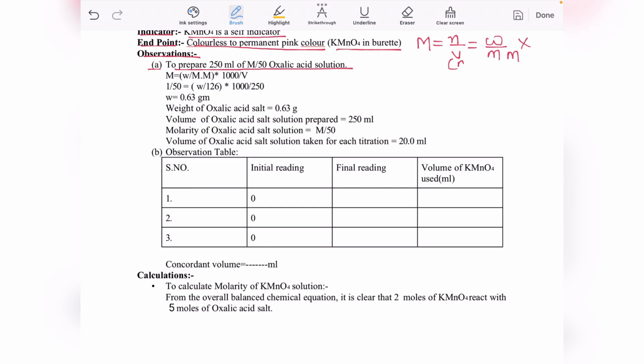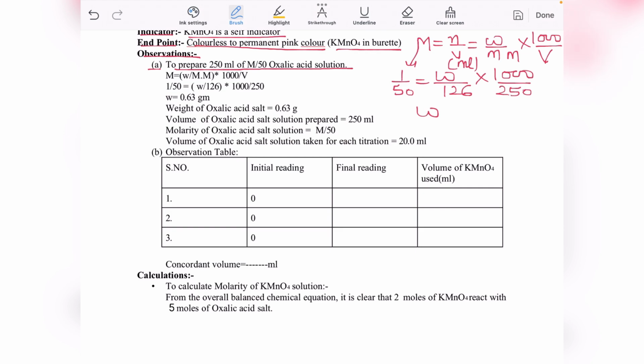And if volume is given in ml, then we use the conversion factor 1 liter equal to 1000 ml. So M here is molarity, which is 1 upon 50. W we have to calculate and molar mass of oxalic acid is 126. We are using hydrated oxalic acid here. And the volume we are preparing is 250 ml.